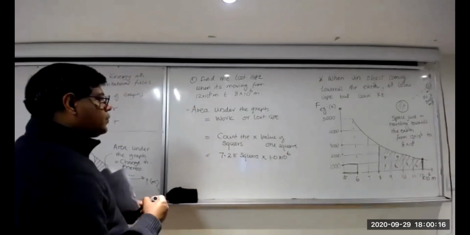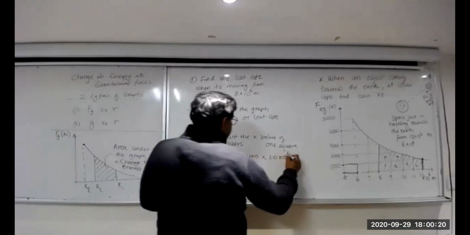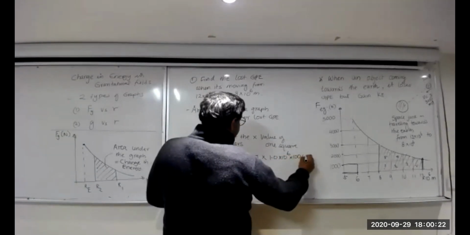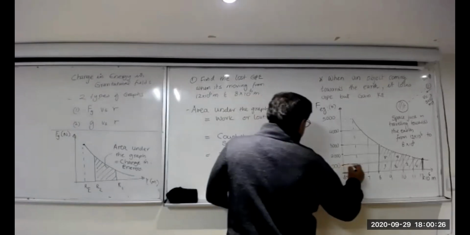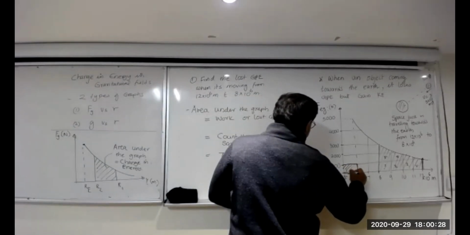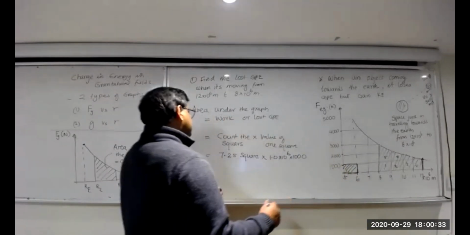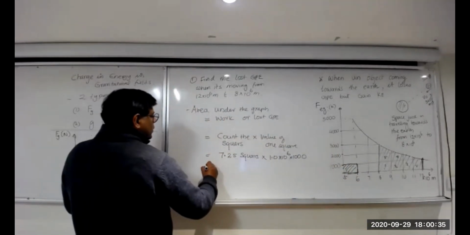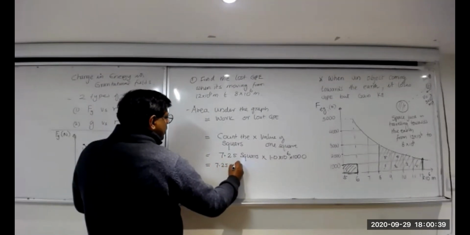Each block is 1 times 10 to the power 6 by 1000. That makes sense for this block. Each block, that's 1 times 10 to the power 6 times 1000. So that's going to be 7.25 times 10 to the power 9 joules.